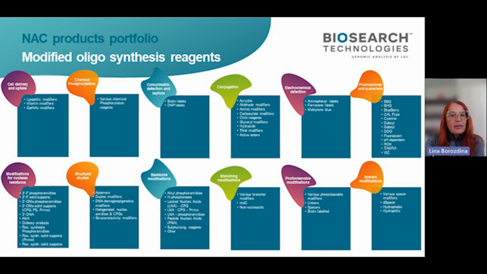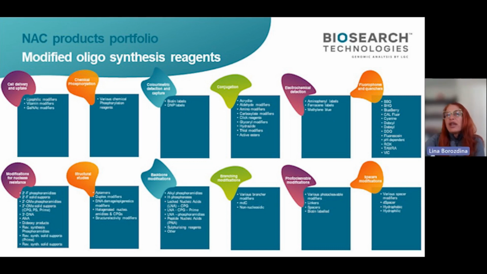Then you have specific modifications for nuclease resistance, structural studies, backbone modifications, branching modifications, photocleavable modification. That's an interesting part, that you actually use light to deprotect, to remove the protecting groups, and spacer modification. This is for extensions or for branching, so you can then label the oligo or connect or conjugate it to something else, like a surface, peptides, proteins, etc.